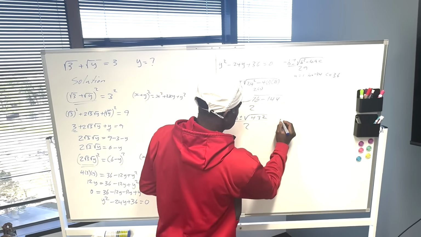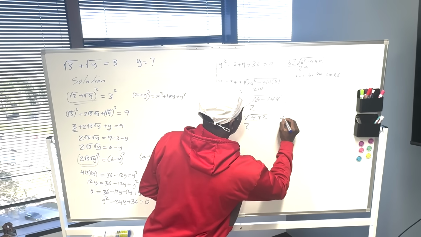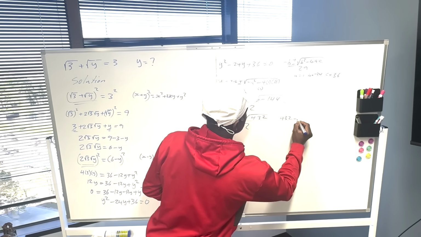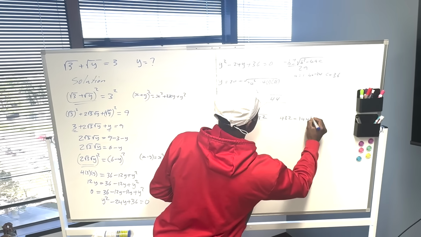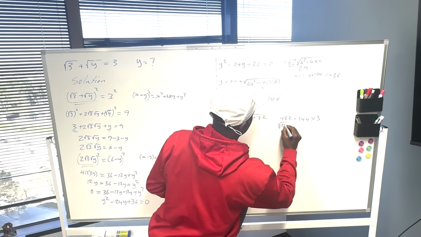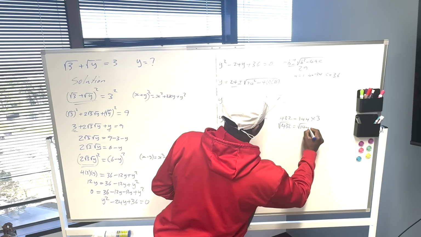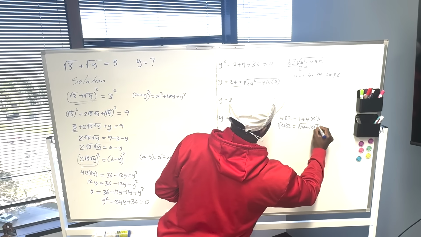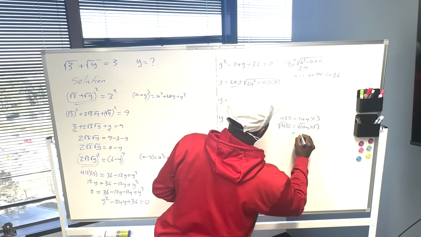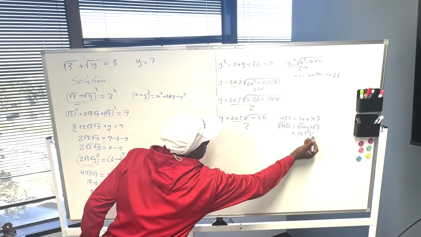We know that 432 is equal to 144 times 3. So the square root of 432 is equal to the square root of 144 times the square root of 3, and that will be equal to 12 square root of 3. Let's put this in here.